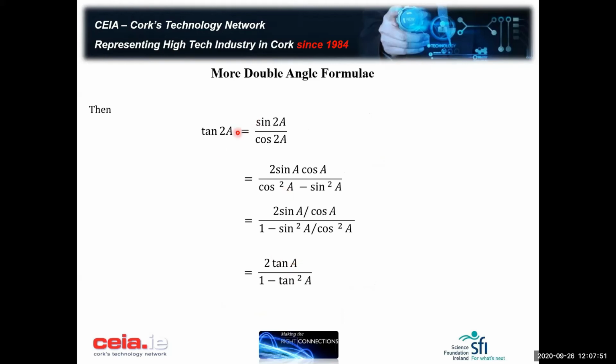You could have just used the original tan A plus B formula and substituted B equals A. That would also get you to this point.